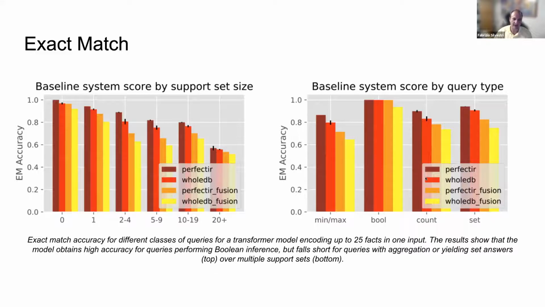The left-hand side, let's say, is divided by the size of the support set. And as expected, the larger the support set size, the lower the accuracy. This is kind of expected because the transformer has to do multiple, let's say, interleaved reasoning. And this actually also confirms the difference with the Q&A task that I was highlighting at the beginning.